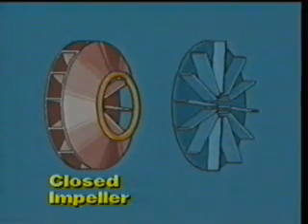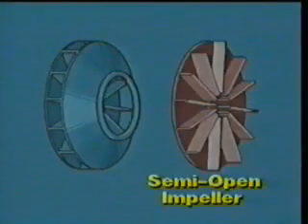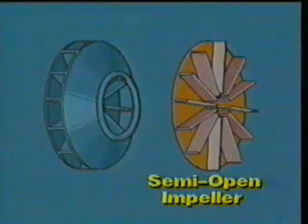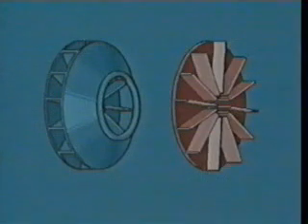The closed impellers are the most common and are mainly used in multi-stage compressors. In the semi-open impeller, a shroud completely covers and forms a solid backing for one side of the blades. Semi-open impellers are used for large gas flows and are generally used only on single-stage compressors.